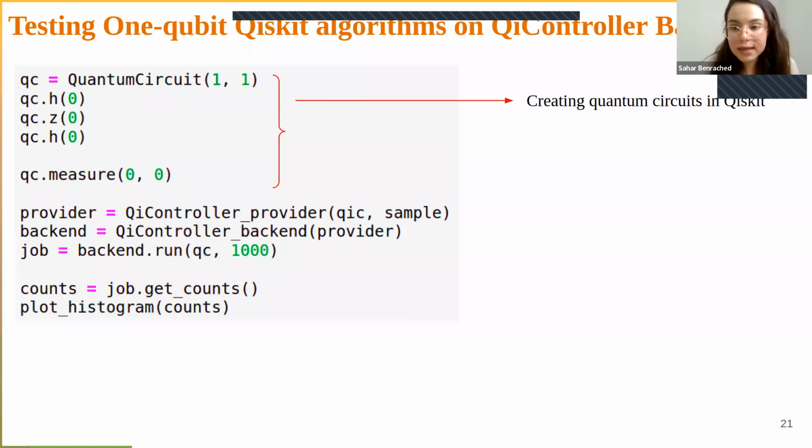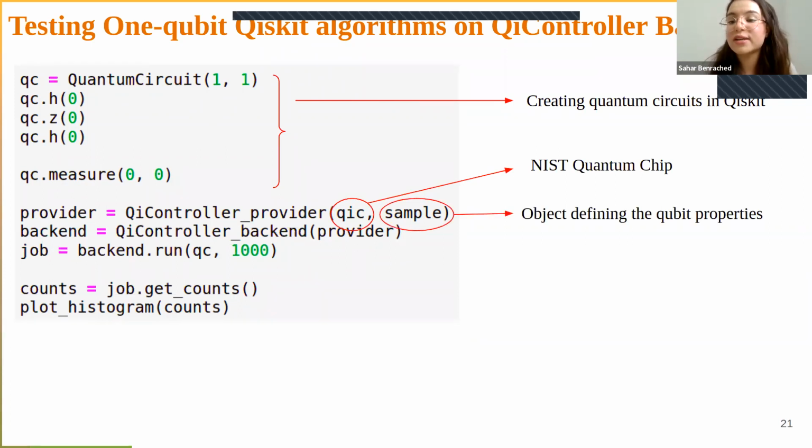So the next step would be to call the hardware provider, for which we use the QiController provider class, which specifies which backend we are using for our experiment. In this example, it's the NIST quantum chip, which we defined at the very beginning of our experiment. And then the sample is the object that defines the qubit properties, which have been calibrated before this step, 2 or 3 slides before.